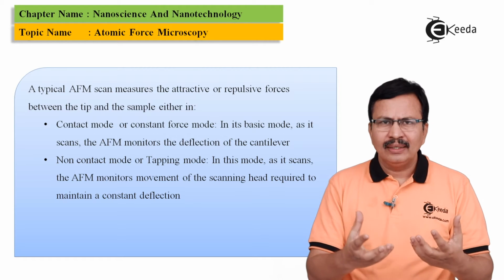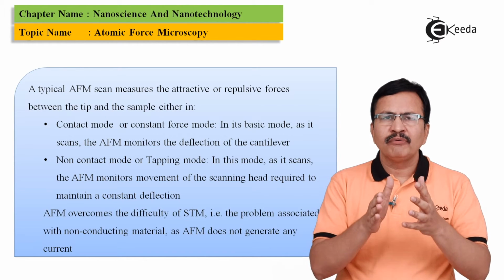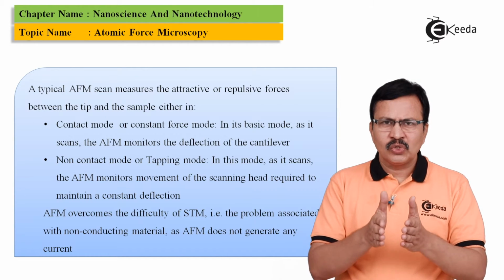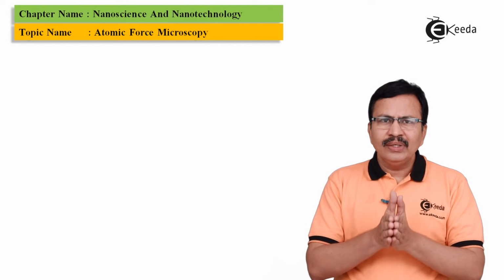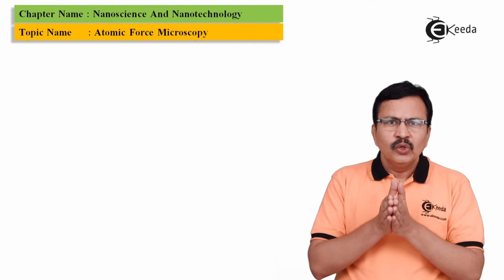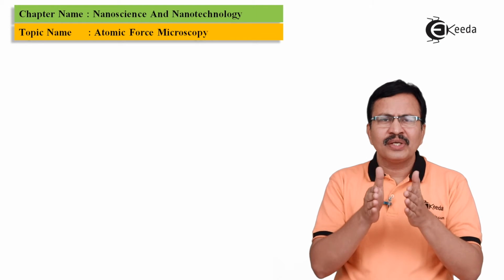So when we do that, we have another way of operation of AFM. In this mode of operation, which is also called the tapping mode, you are allowing the cantilever to move only with a single strain value.